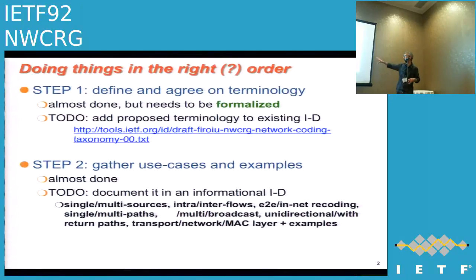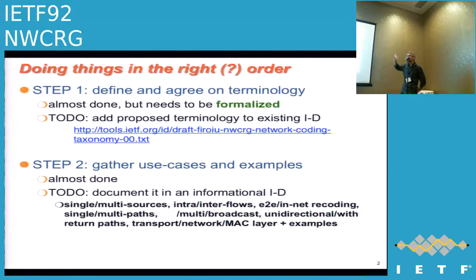And the protocol instantiations will have to be clear about what they address in this large set of possibilities. We now have almost all the potential input to write this document. So, all the use cases we discussed last time, just put them in words. That's what you're saying. Okay.